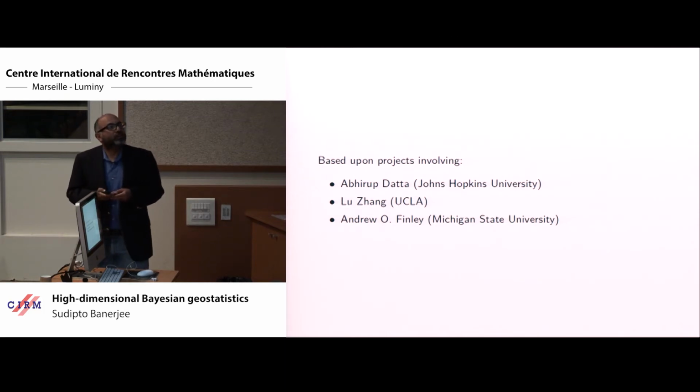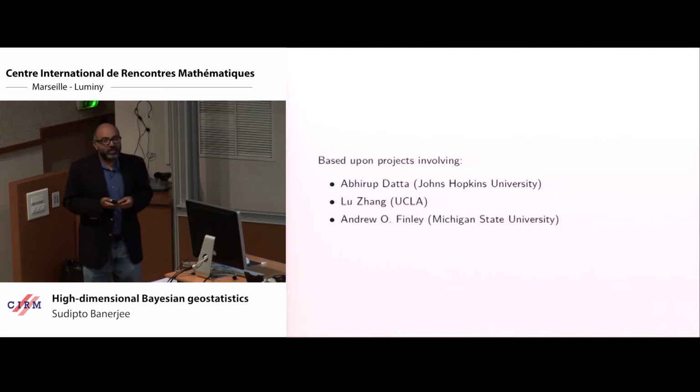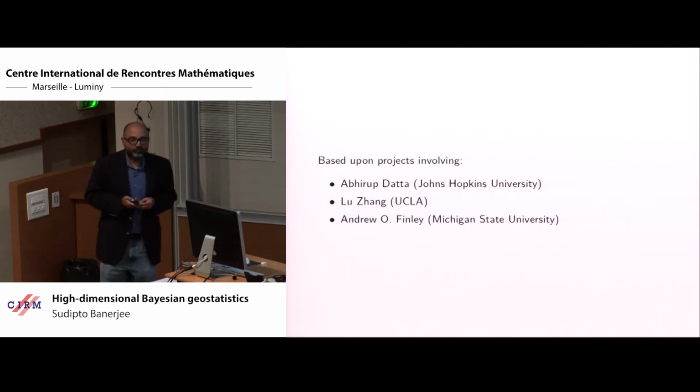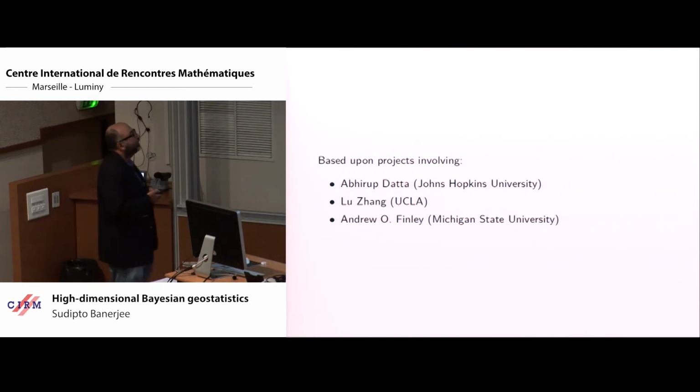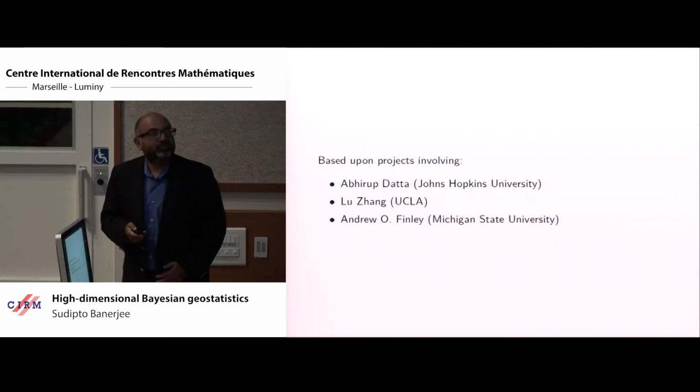Lu Zhang is one of my current students at UCLA, and Andrew Finley is a well-known spatial statistician, and also a forestry and geoinformatics researcher at Michigan State University. He was many years ago my student at the University of Minnesota.